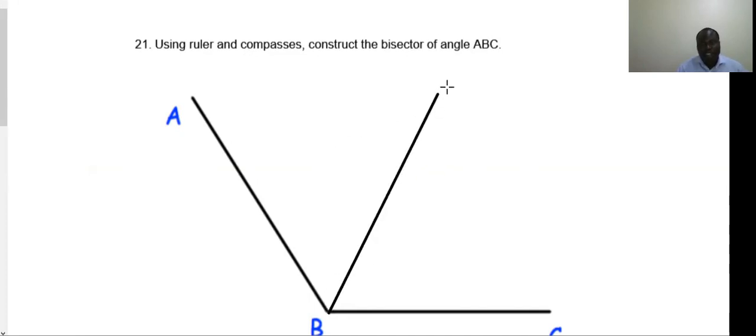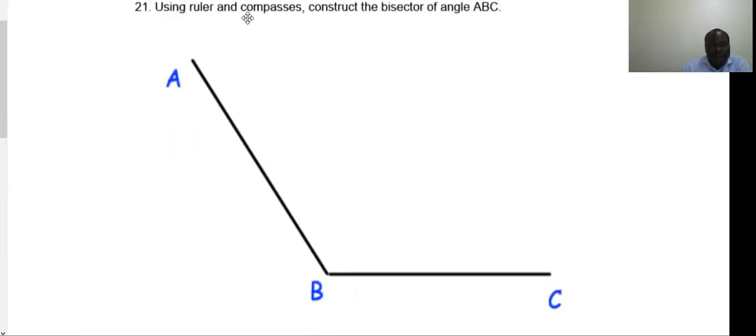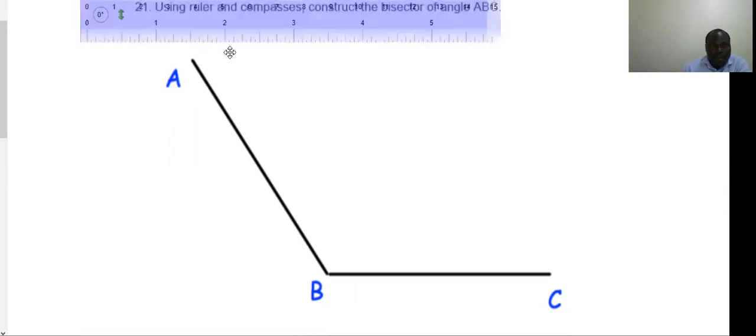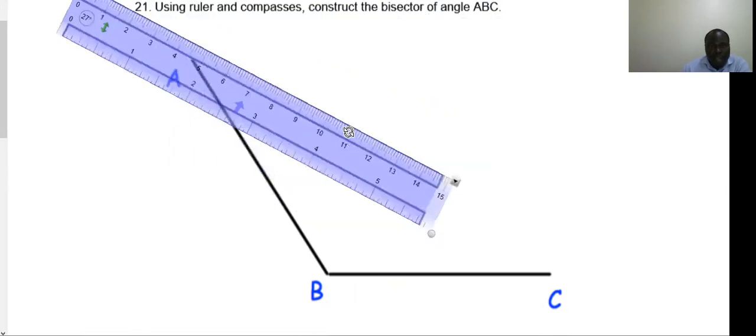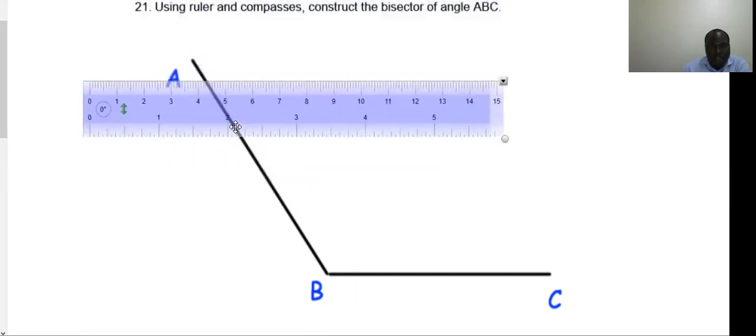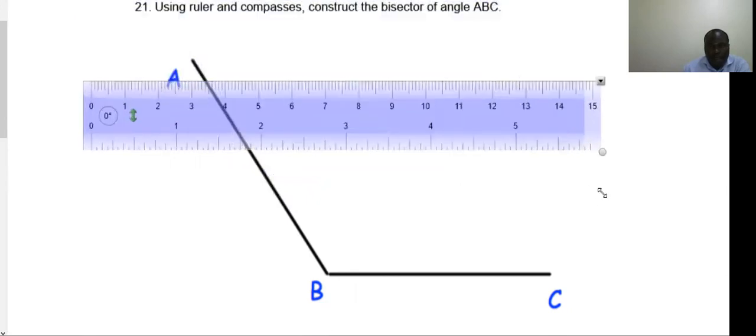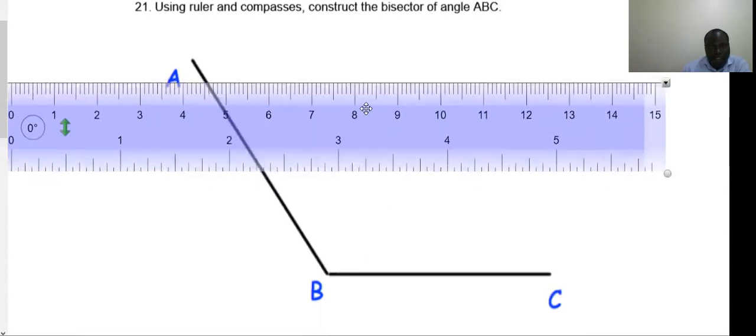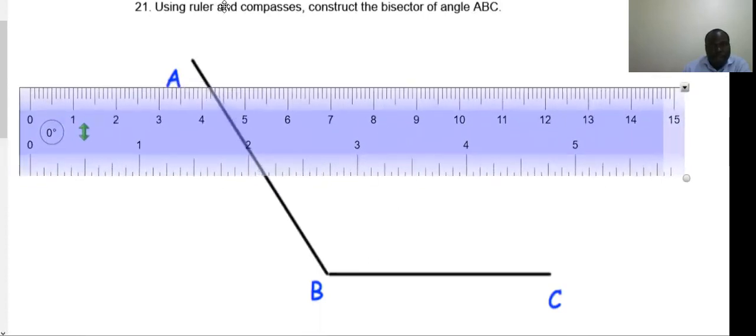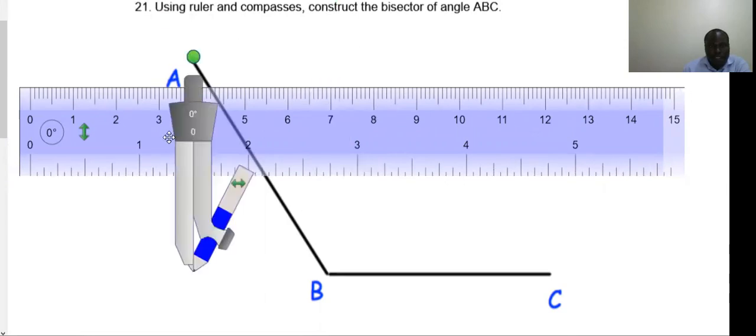So we have to construct that line using a ruler and a pair of compasses. How do we do that? We need to get a ruler and compass. Let me grab my ruler. Okay, I have my ruler here. I think you can see that. And yes, this is my pair of compasses.